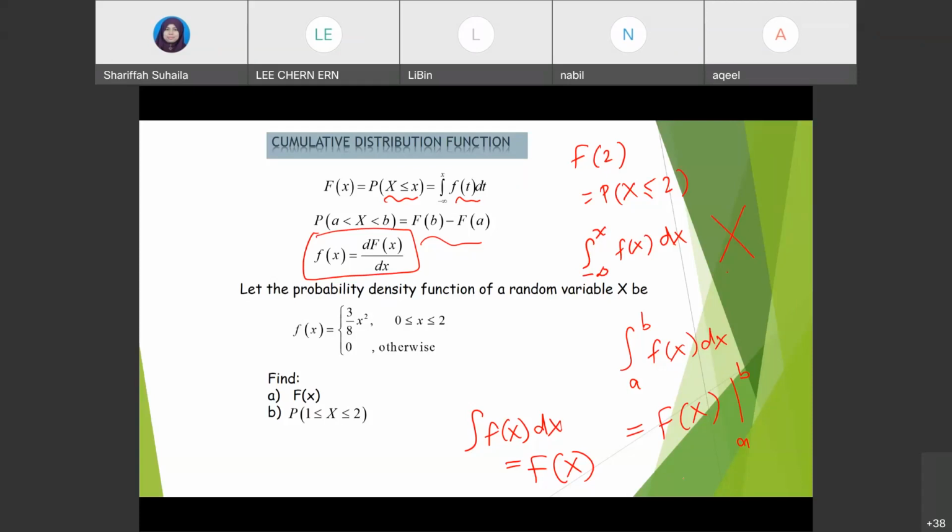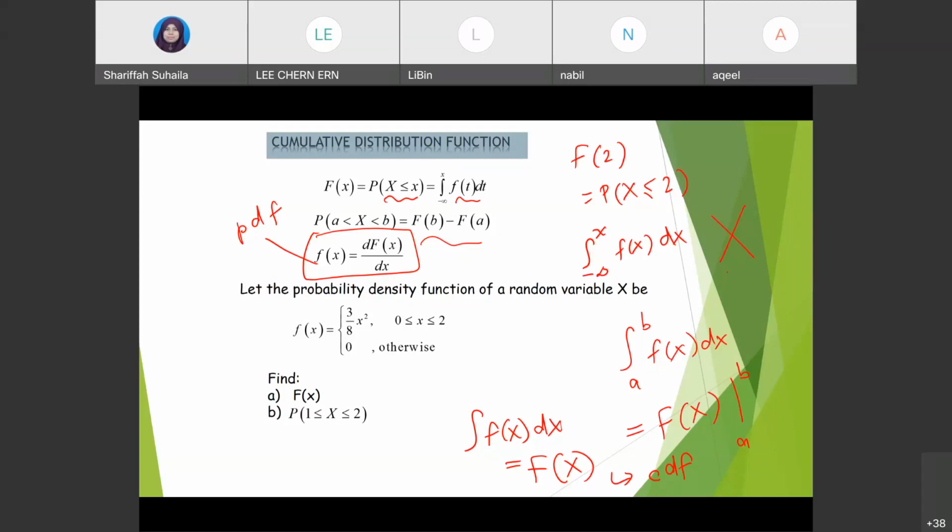This is your small fx, which is your density function, your PDF. Differentiate your cumulative, it will give you back your probability density function. Sebab kita integrate small f tu, kita dapat capital F. Differentiate balik capital F, you will get back your density function. Itu relationship dia.